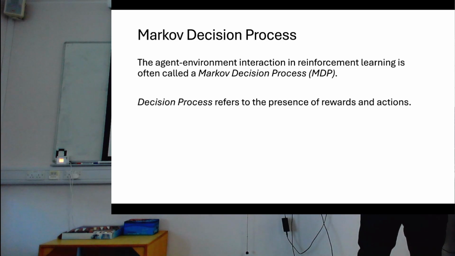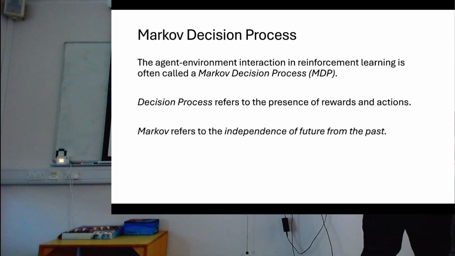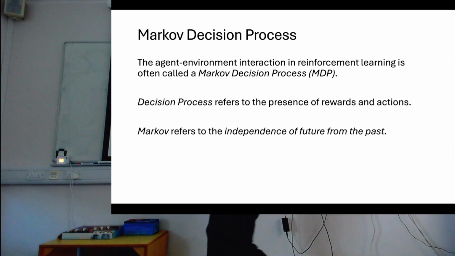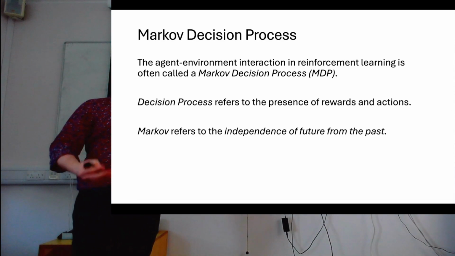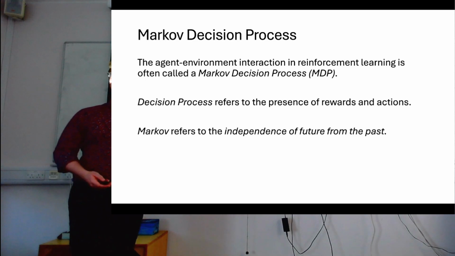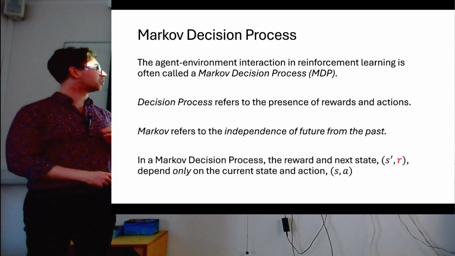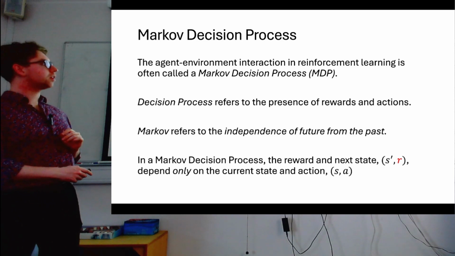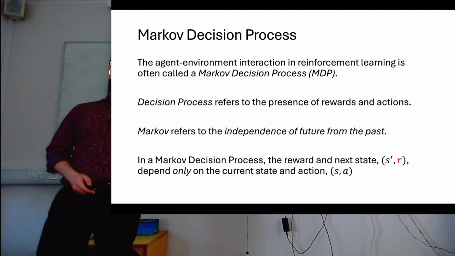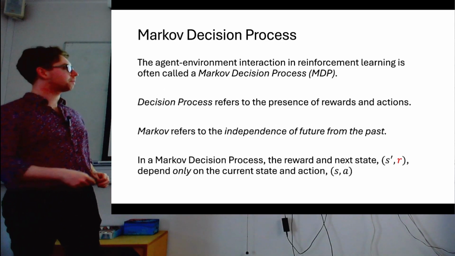Okay. What does the term Markov mean? So Markov refers to an independence of the future from the past. Let's be a little more specific about that. In an MDP, a Markov decision process, the next state and the reward that I transition into depend only on the state that I was in, S, and the action I took.